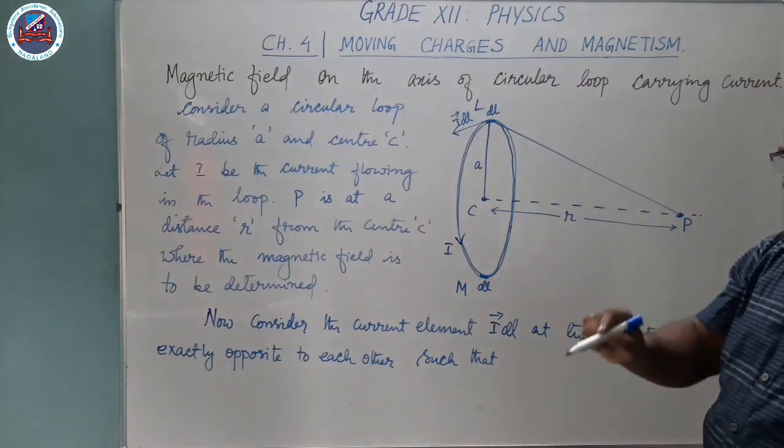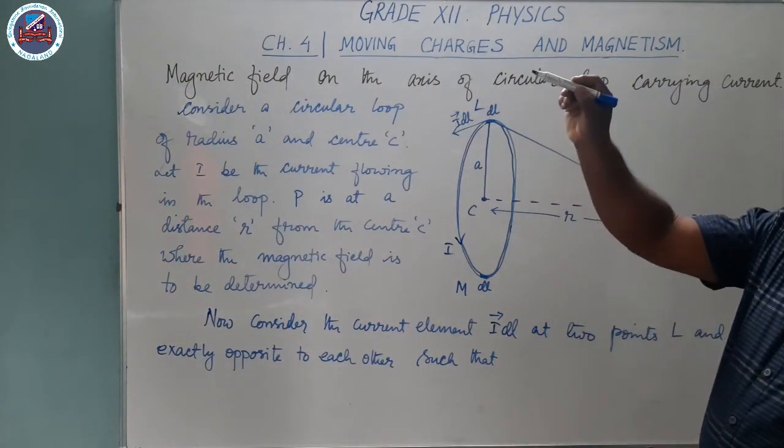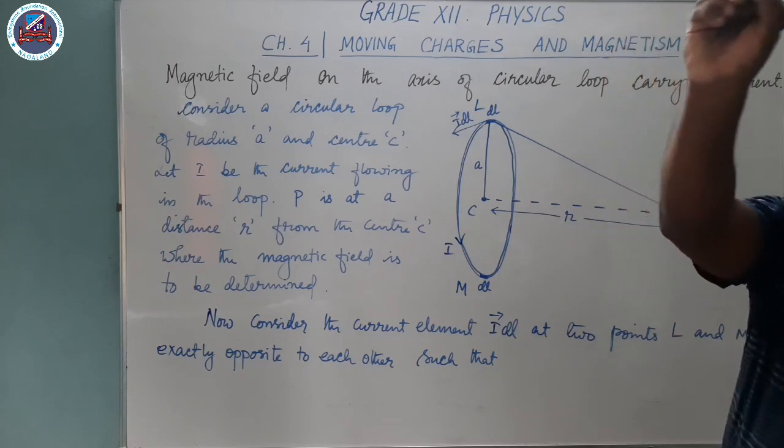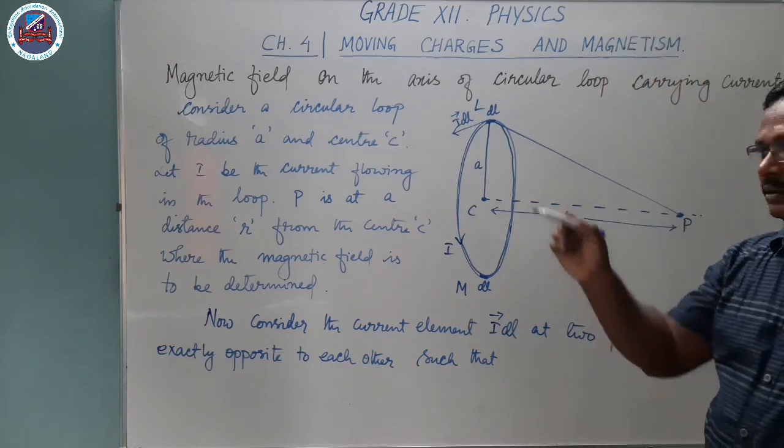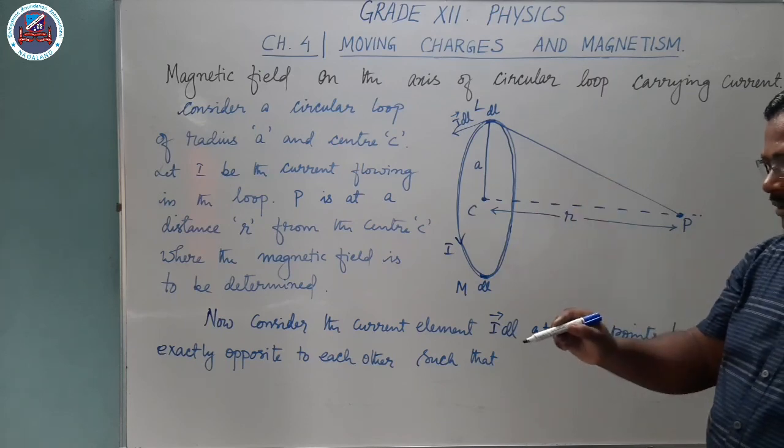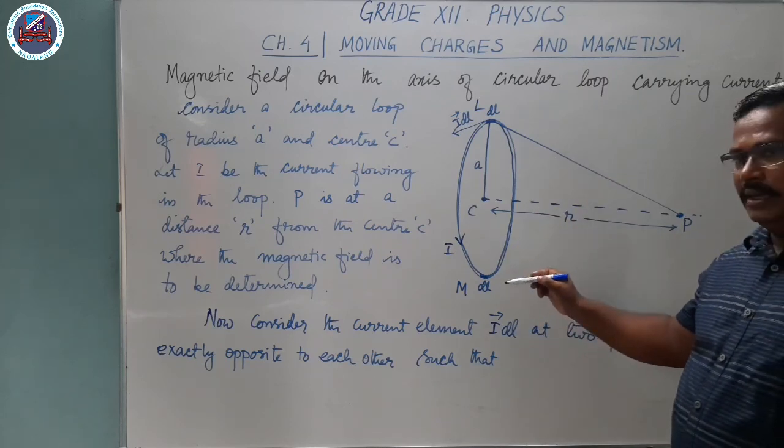The circle is like this. At L it is coming out of the paper normally, and on the downside it is going normally inwards.